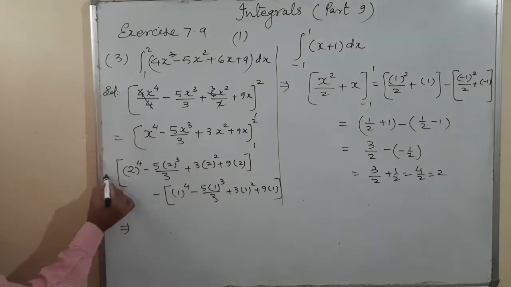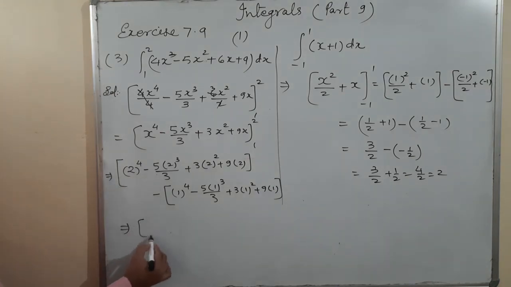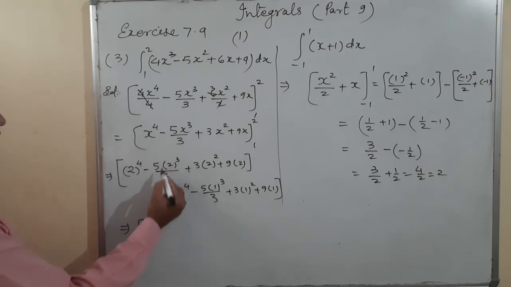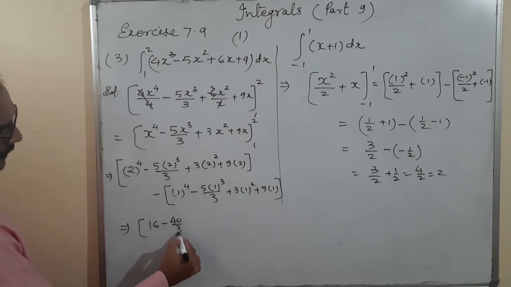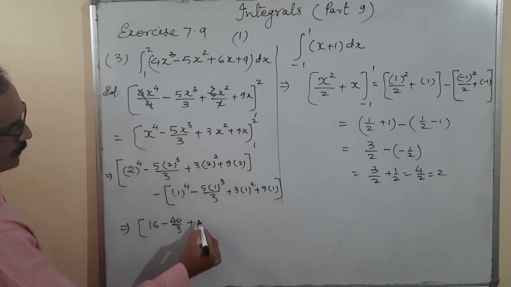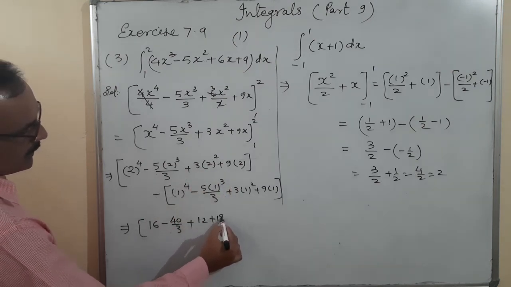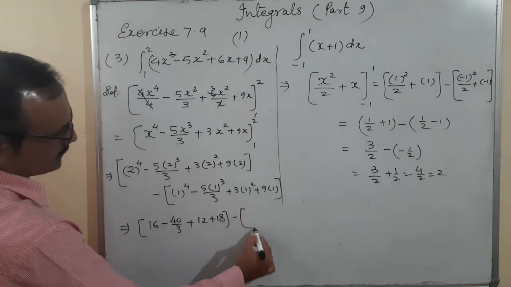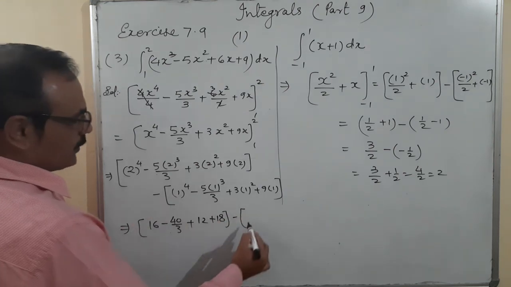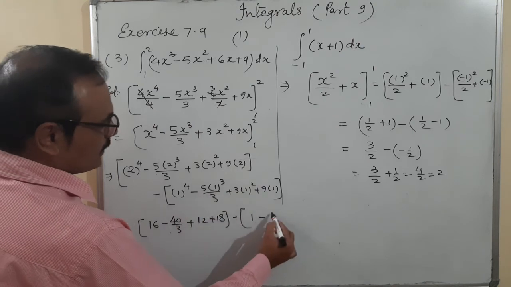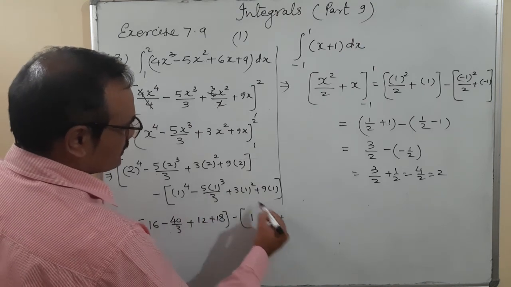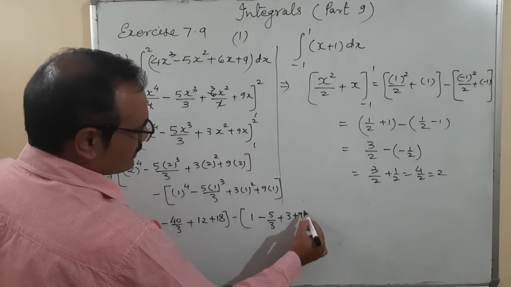And it means, in this bracket, 2 to the 4 is 16, minus 5 times 8 is 40 upon 3, plus 4 times 3 is 12, plus 9 times 2 is 18, minus 1 to the power 4, it is 1 minus 5 upon 3 plus 3 and plus 9.